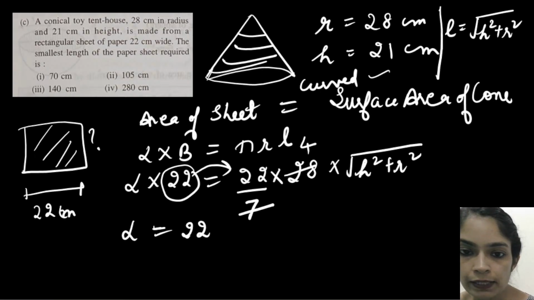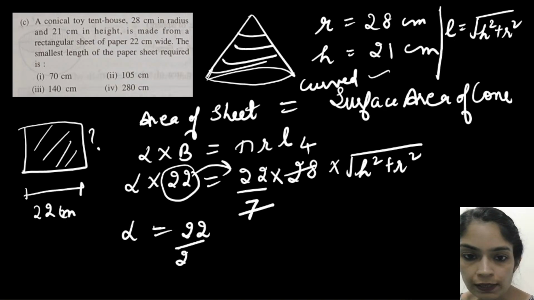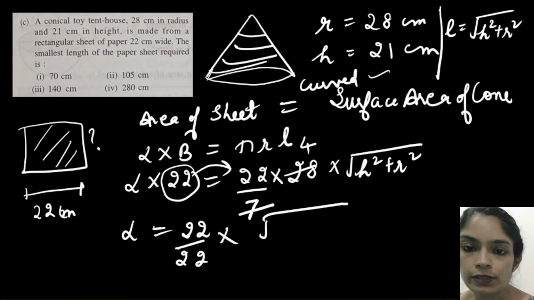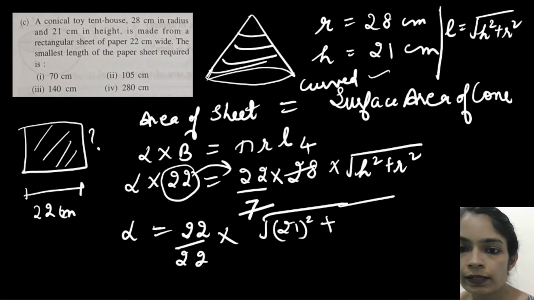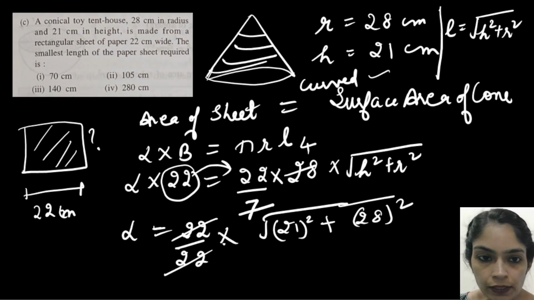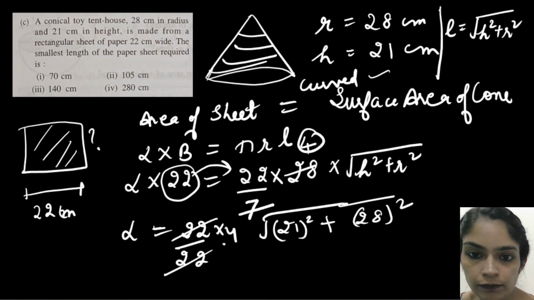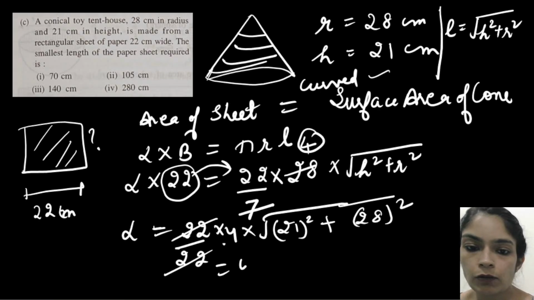That side only 22 is there, because 7 and 28 cancellation we have done. This 22 will get divided, and here square root of h square, h is height, so that is 21 square plus radius is 28, so 28 square. Now this 22 and 22 will also get cancelled. So 22 into 4 is also there, I just missed this thing. This 4 is there, we did into this. Now 4.